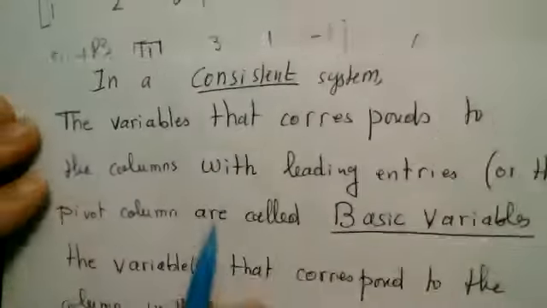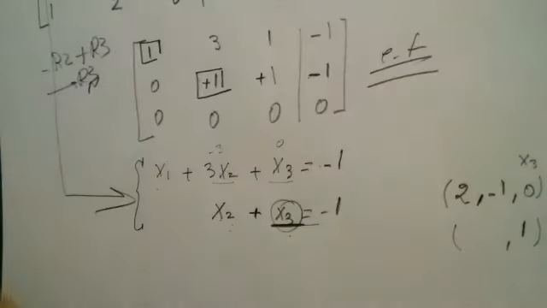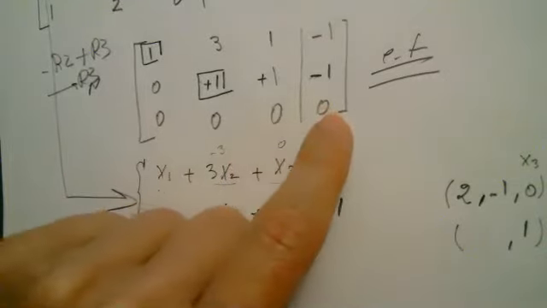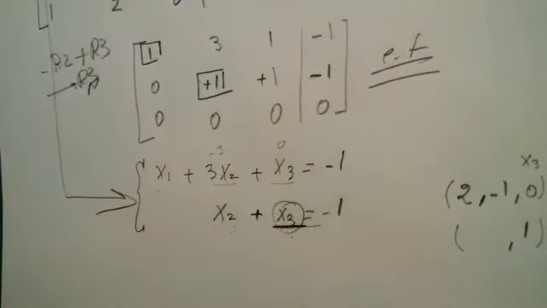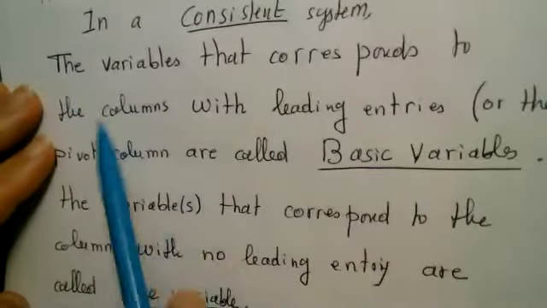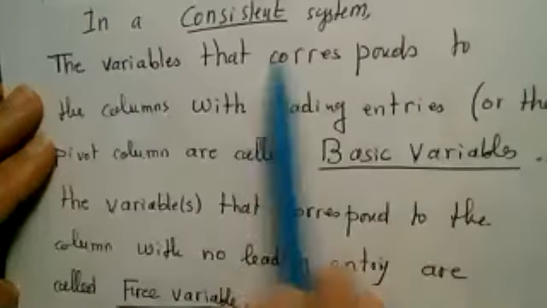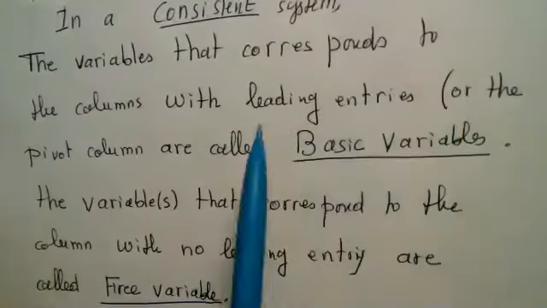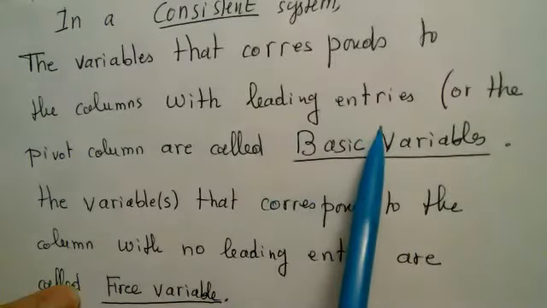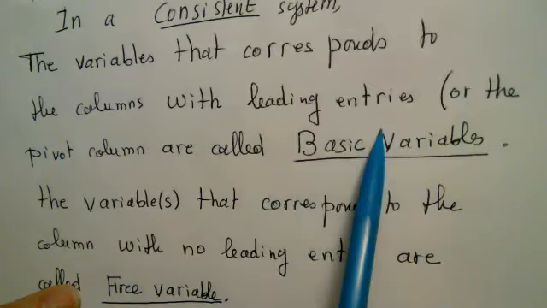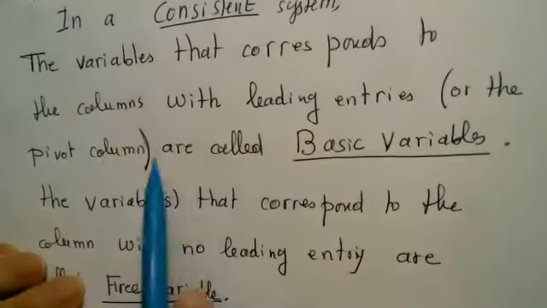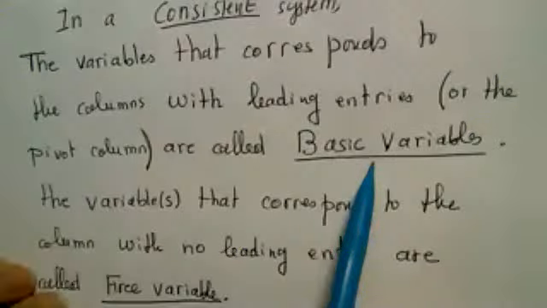If the system is consistent, and in this case there is no inconsistency because I have 0, 0, 0, and I have a 0 here, so I don't have an inconsistency issue. In a consistent system, the variables that correspond to the columns with a leading entry, or the pivot columns, are called basic variables.